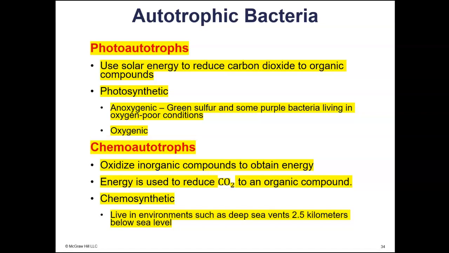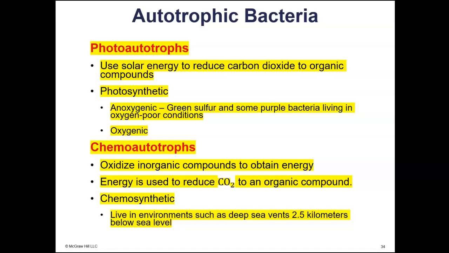This is the same thing a plant does. The photosynthetic bacteria that are photoautotrophs we call cyanobacteria. There are some that are photosynthetic except they're anoxygenic.